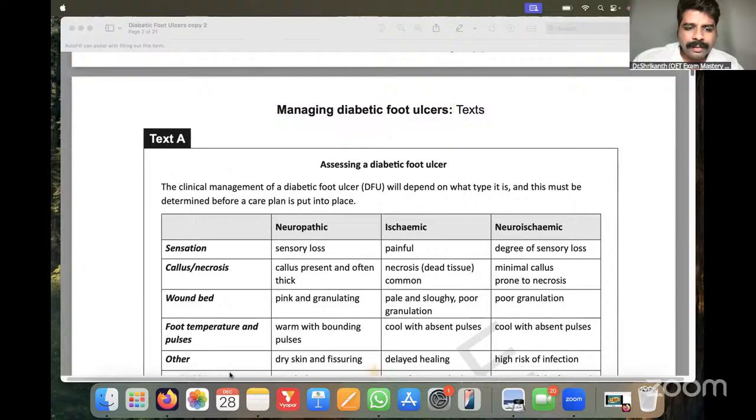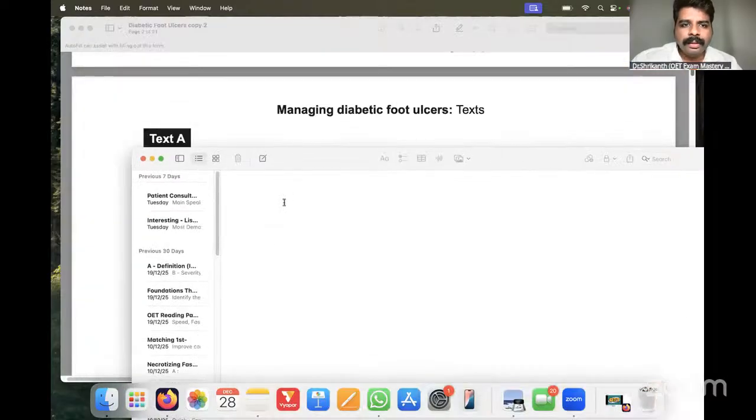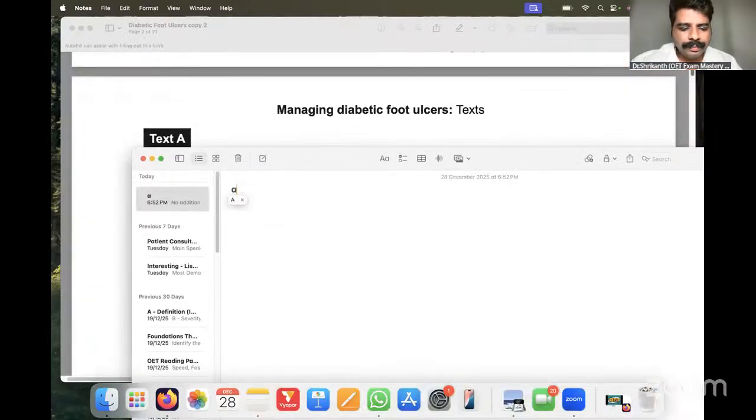So let's just type it here. The main topic is this one, managing diabetic foot ulcers. Right. So what do you understand by managing? Managing basically means what? Treatment.